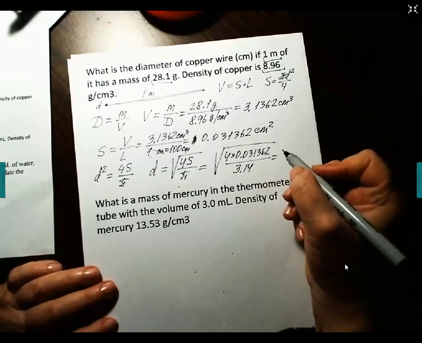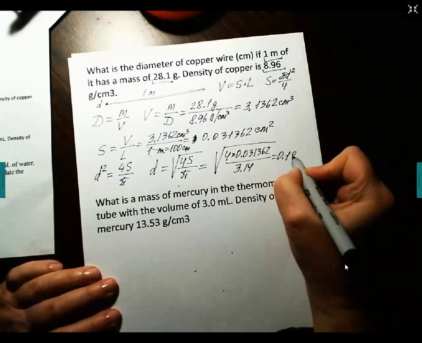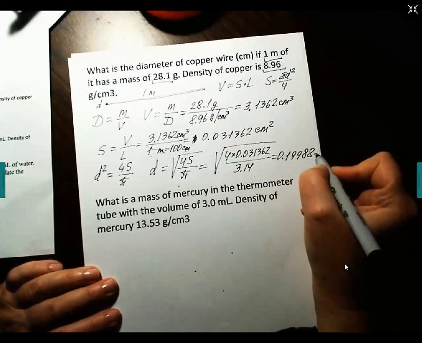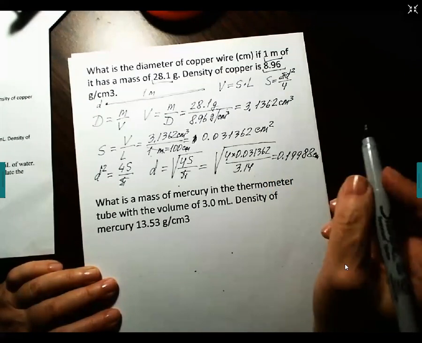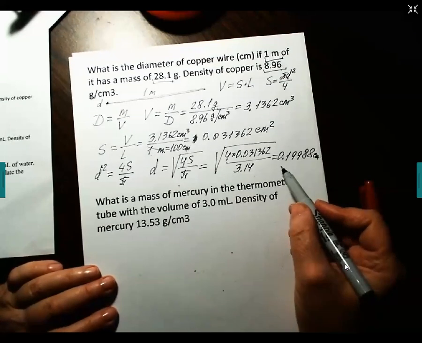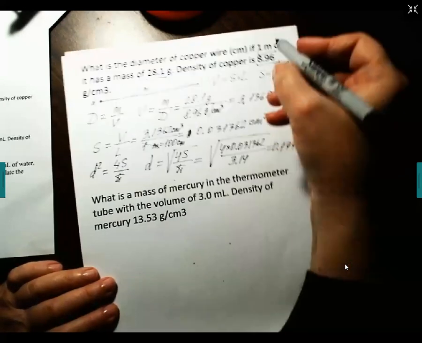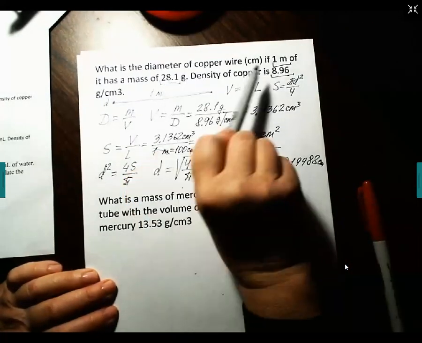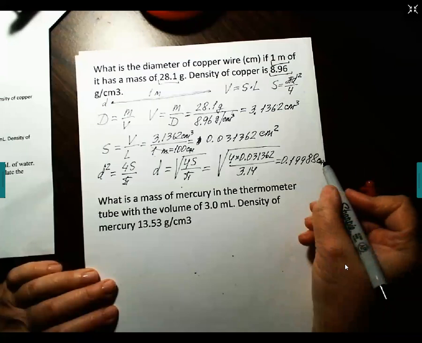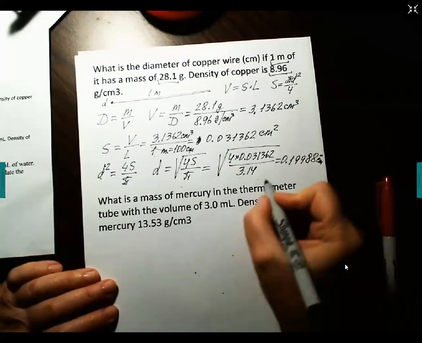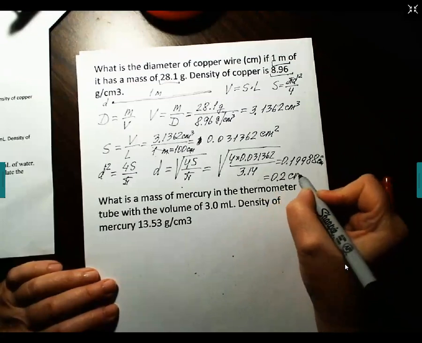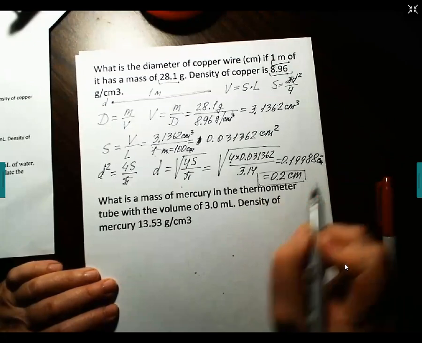And it equals 0.1988 centimeters. And at this point, we should decide how many significant figures we need. So this contains 3, but just 1 here. So we need to round our answer to 1 significant figure. And it's going to be 0.2 centimeters. And this is our final answer.